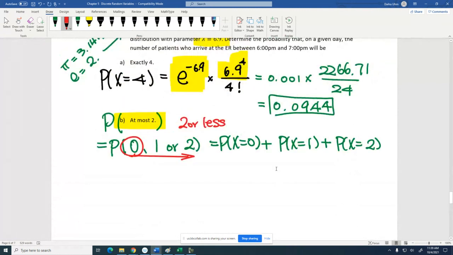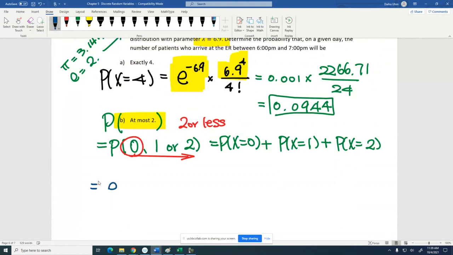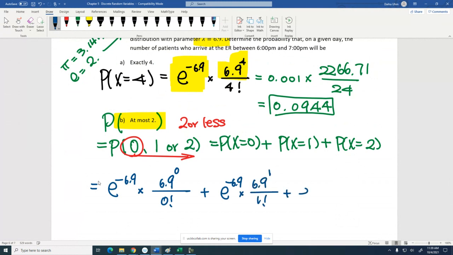Now let me apply E to the negative 6.9 times 6.9. Still, we keep the lambda, the average. Now x equals 0 and 0 factorial. Then E to the negative 6.9 times 6.9 to the power 1 and 1 factorial.